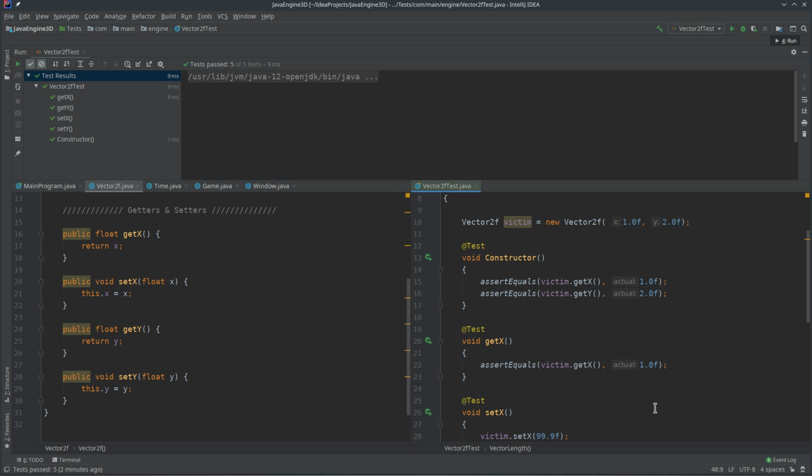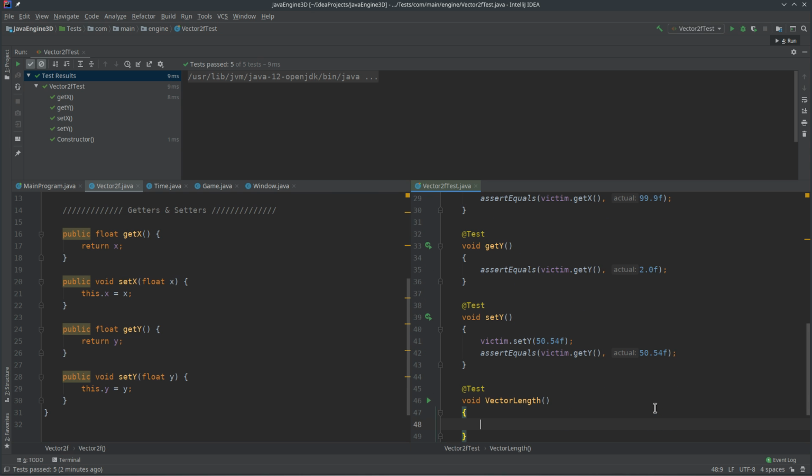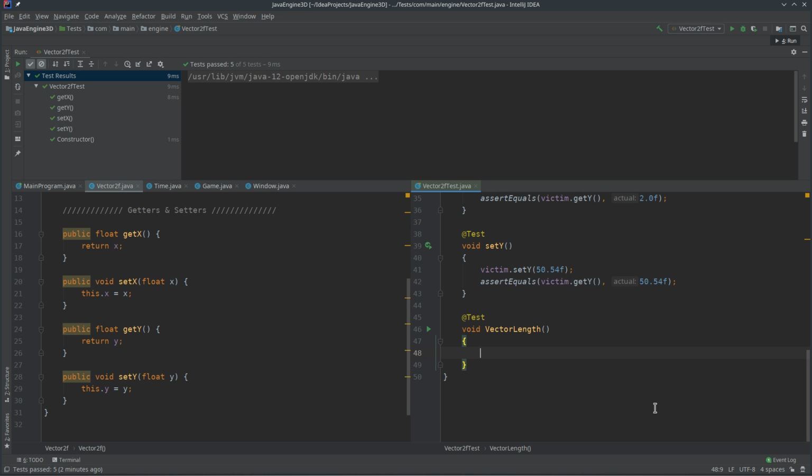I've chosen bad numbers, haven't I? All right, so I'll do this differently, because we know the constructor works at this point. I don't like tests that depend on other tests.